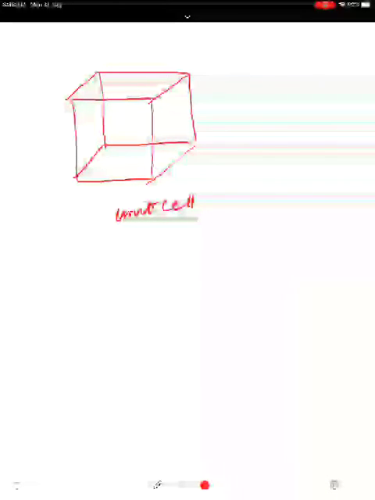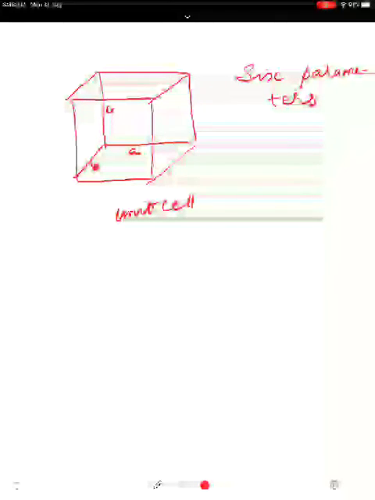A unit cell is characterized by 6 parameters. 3 edge lengths. This is an edge length A. This is edge length B. This is edge length C. When A is equal to B is equal to C, we call it a cube.